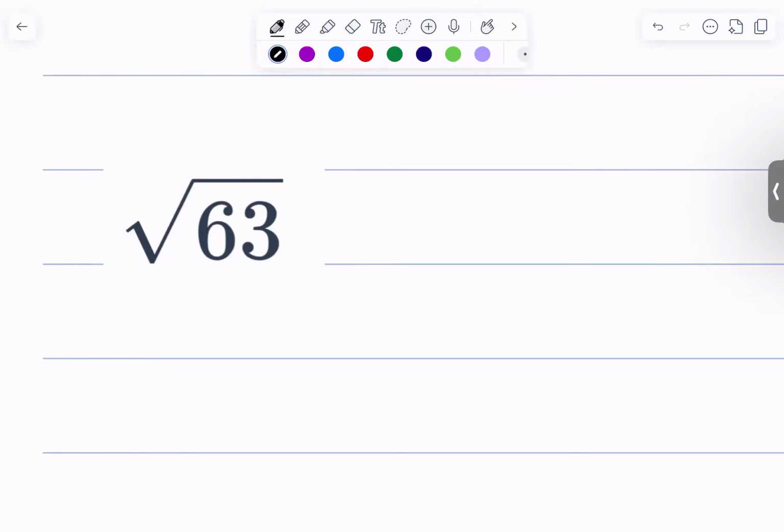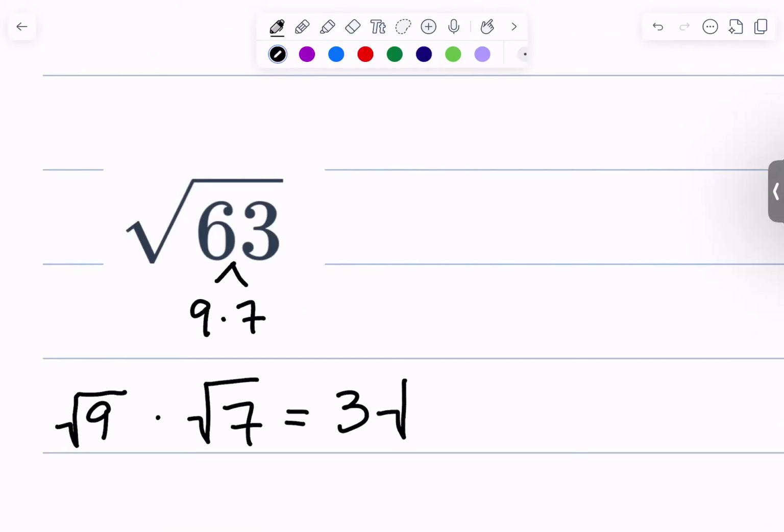So out of those numbers, what perfect square goes into 63? 9, right? So this would just be 9 times 7. That's 63. So the square root of 9 times the square root of 7. The square root of 9 is 3. So that's simplified down to 3 square root of 7. Easy.